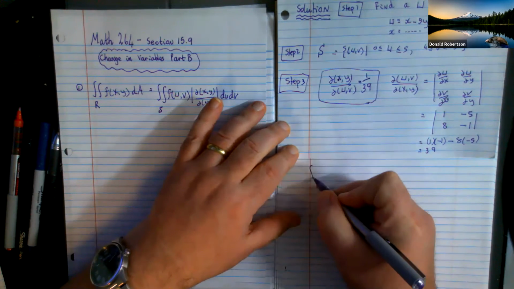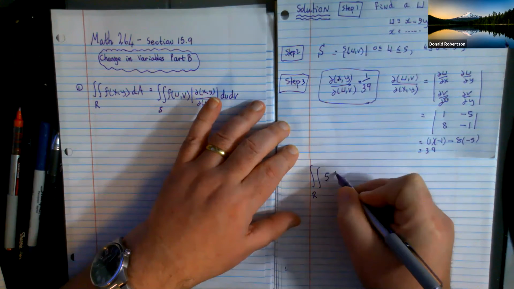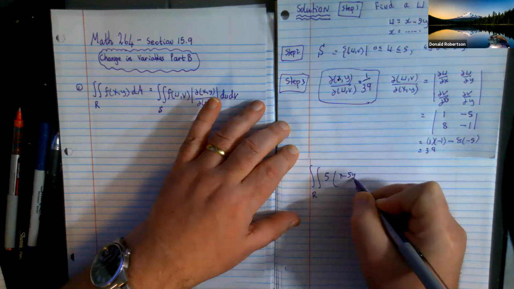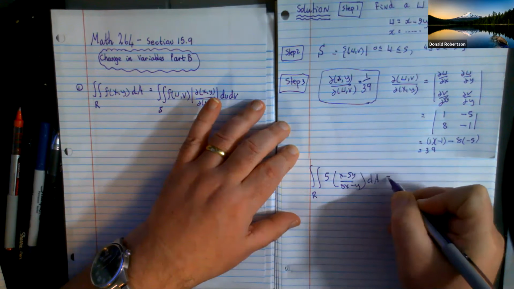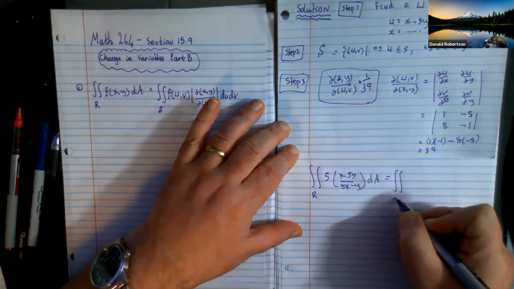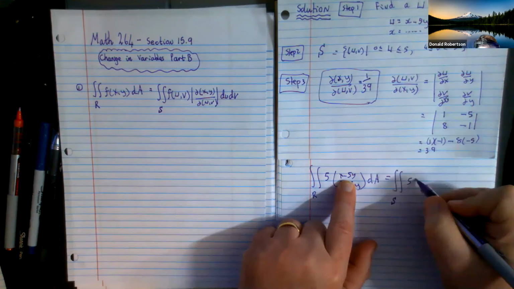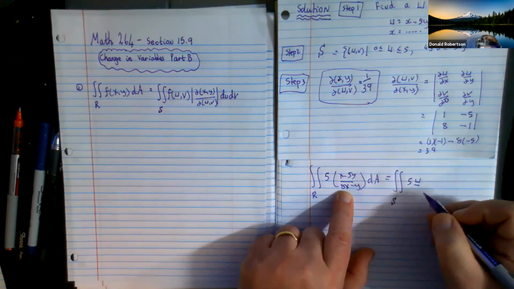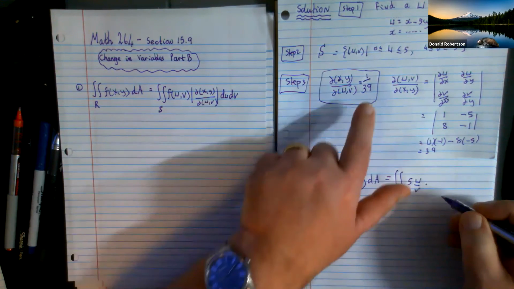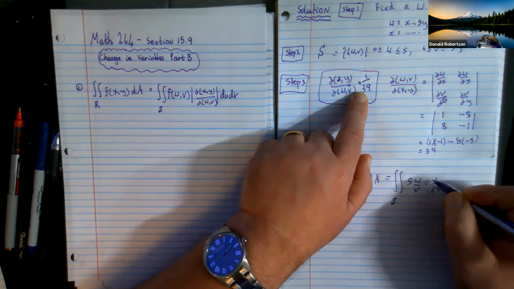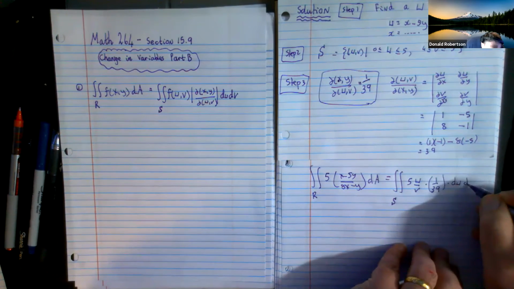The double integral over region R of (5x − 5y)/(8x − y) dA becomes the integral over region S. 5 is still 5, x − y is u, 8x − y is v. That's that bit. The Jacobian is 1/39. And then we can do du dv.